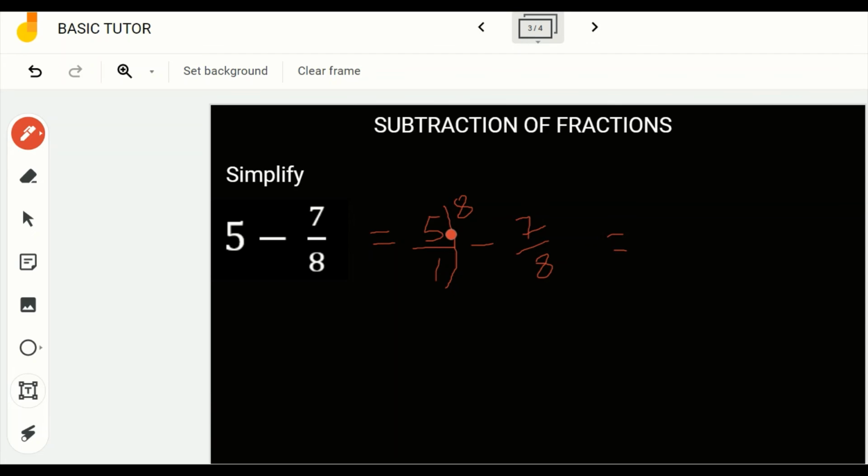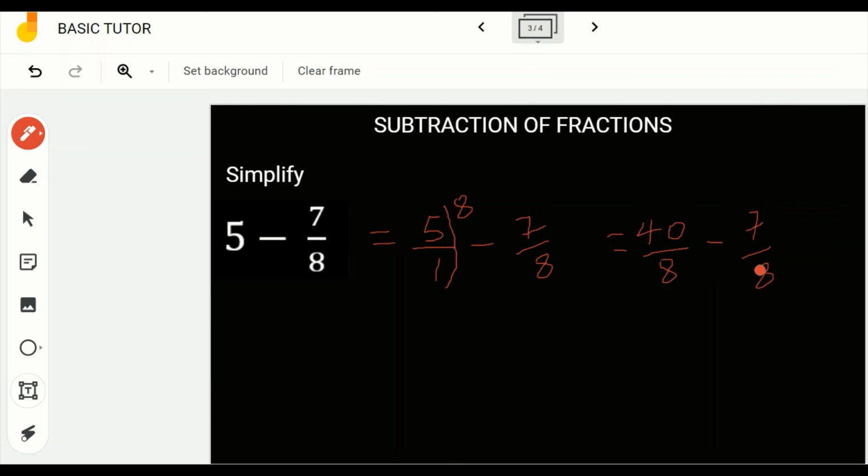So 5 times 8 is 40 over 8 times 1 is 8, minus 7 over 8.